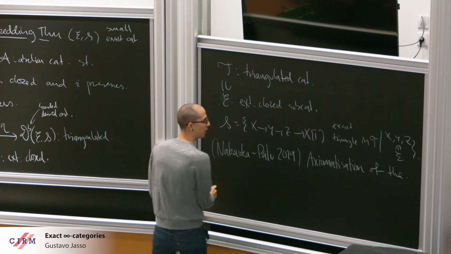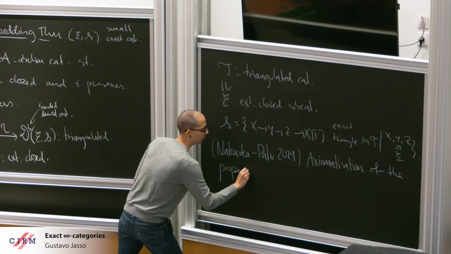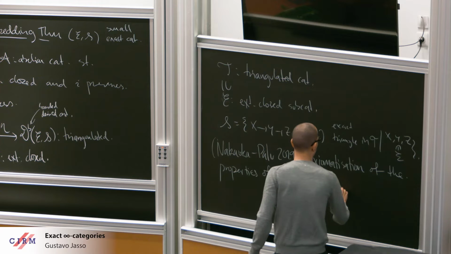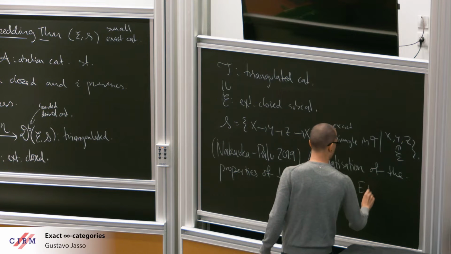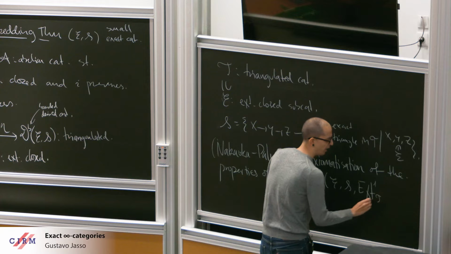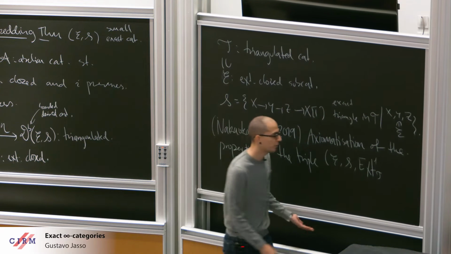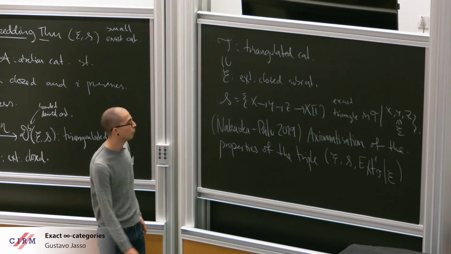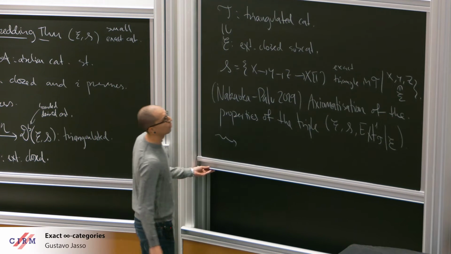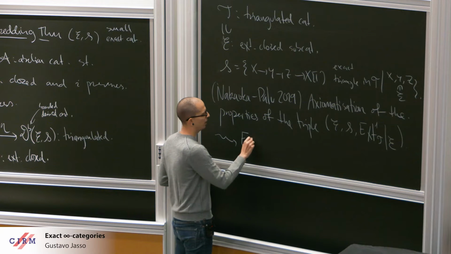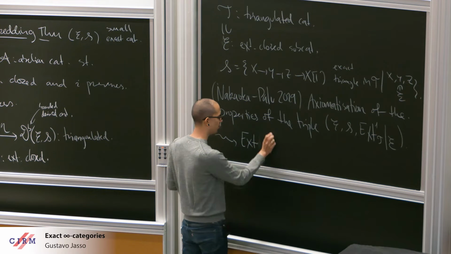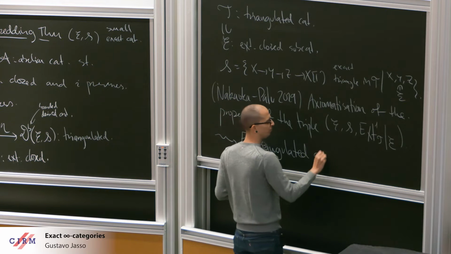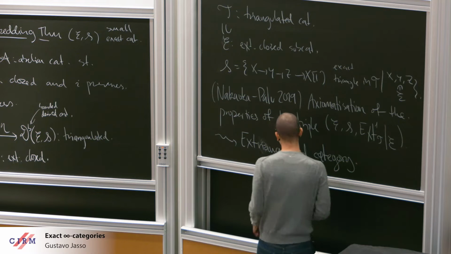They axiomatize the properties of the triple now, (E, S, and the extension functor in T), so the Hom into the shift, restricted to the extension closed subcategory E. And the resulting axiomatization is called an extriangulated category.